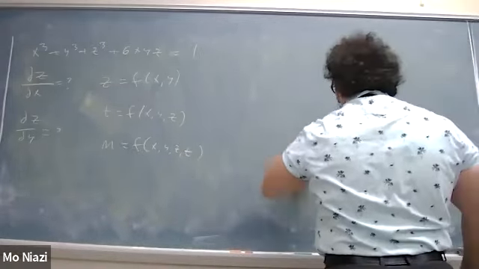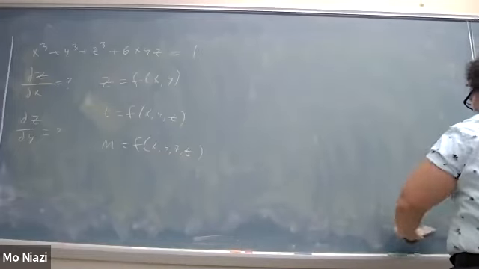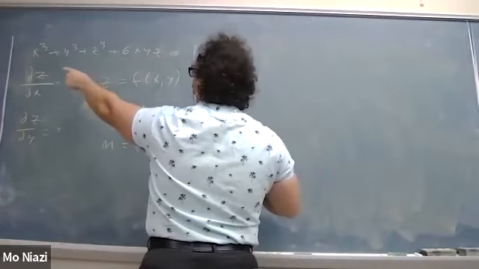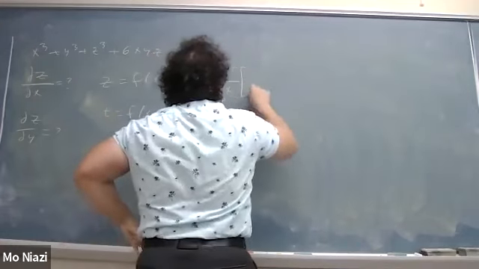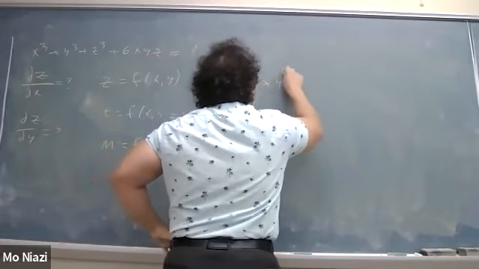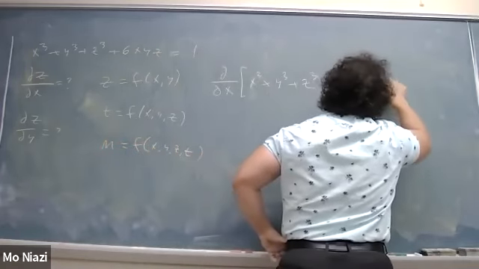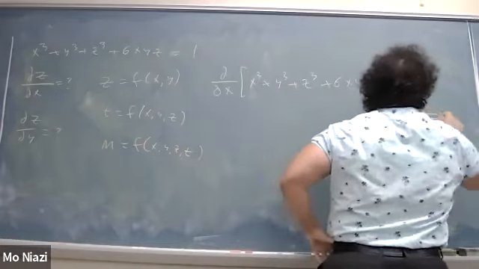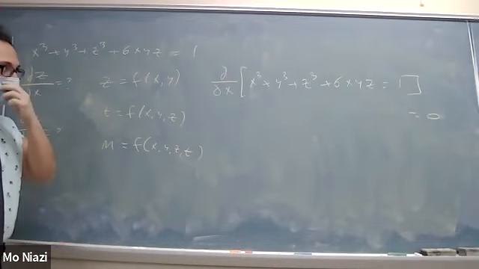So let's do partial implicit differentiation. So let's take partial x of this whole thing. Partial x of 1 is just 0.